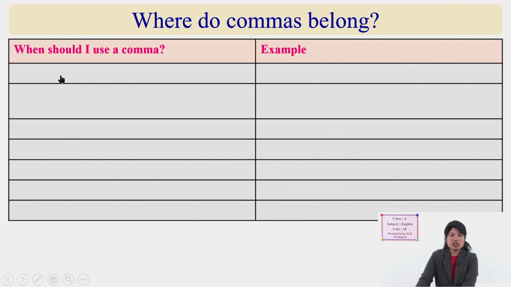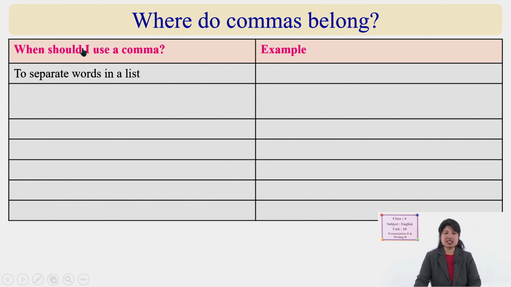Starting with: to separate words in a list. As we have gone through in the first example, to separate the words in a list of things, like ice, snow and sleet.